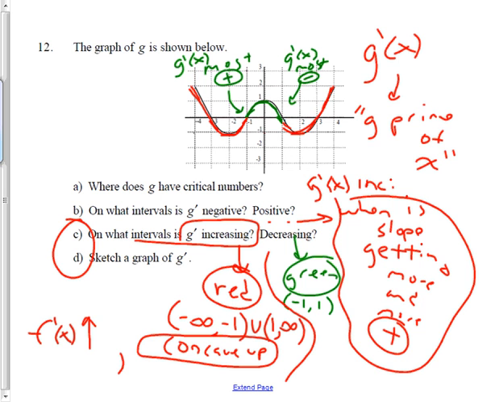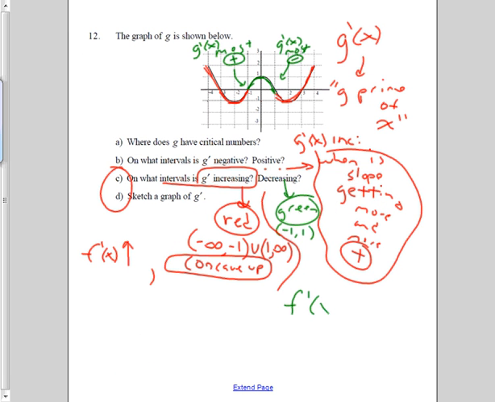And similarly, when f prime of x is decreasing, our function, f of x, is concave down. And let me just add that here. When f prime of x was increasing, our function is concave up.